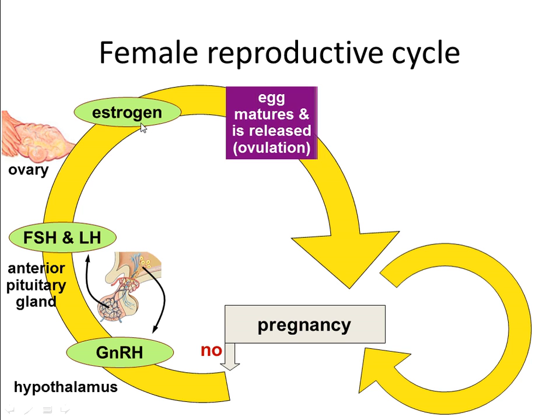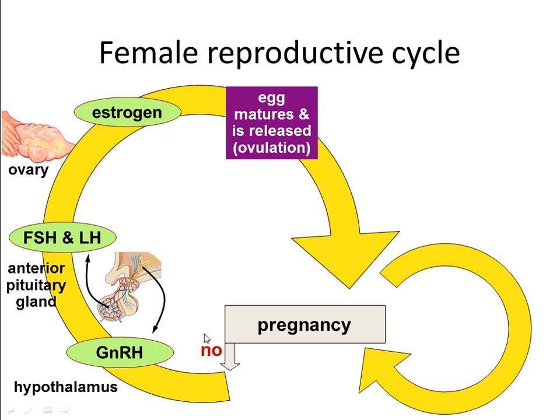But what estrogen is going to do is help mature the egg, and it's also going to help build that uterine lining. The uterine lining of the uterus of a female is called the endometrium, and it's full of tissue, and there are a lot of blood vessels that feed that tissue, and the estrogen is going to stimulate the production of that uterine lining, so it's going to start building up.